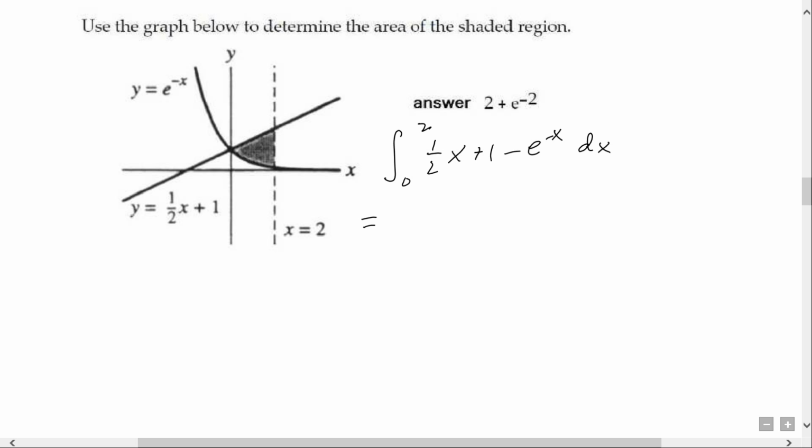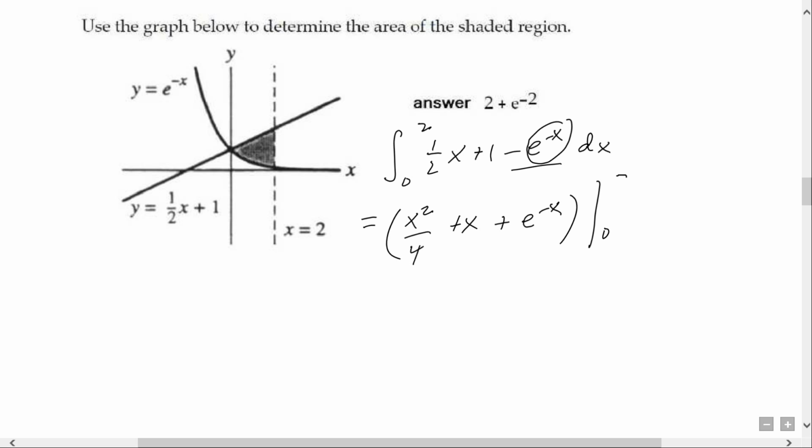So this would be x squared over 4 plus x. The antiderivative of e to the minus x by itself is minus e to the minus x. So this would be plus e to the minus x.